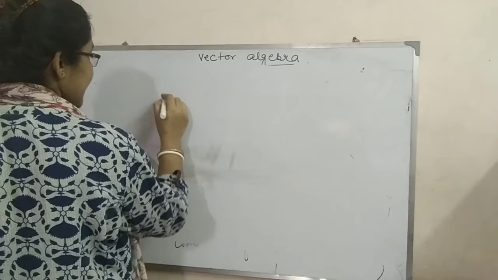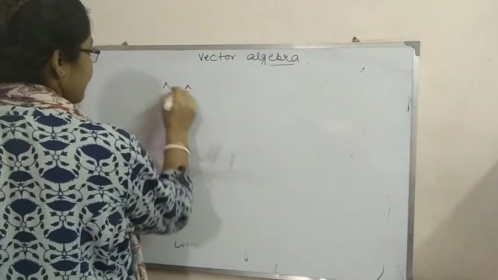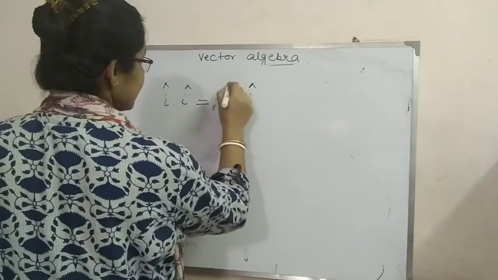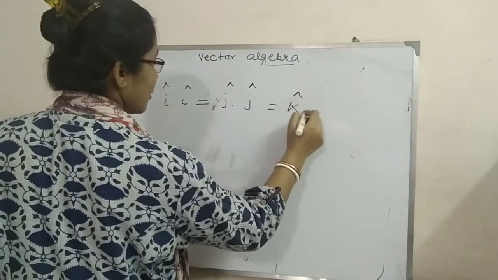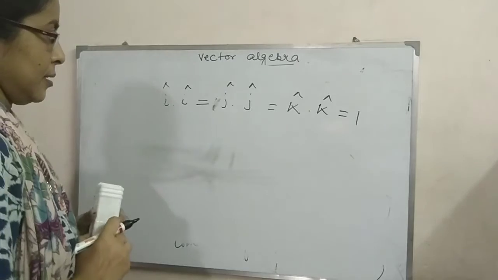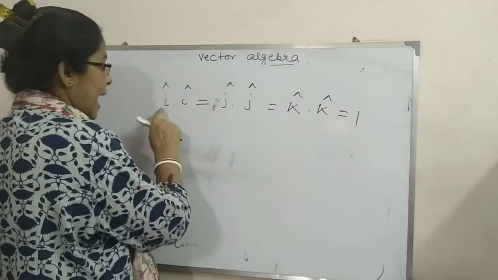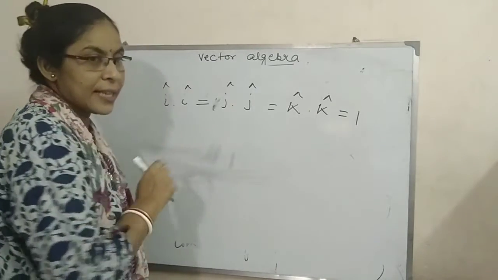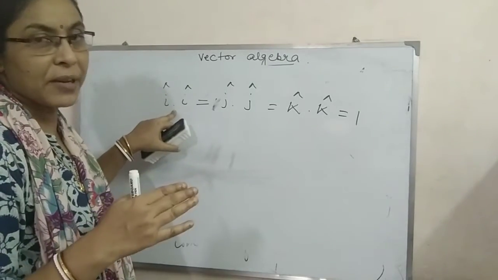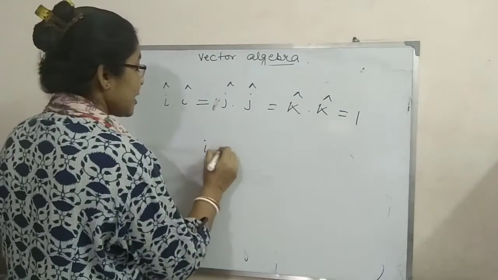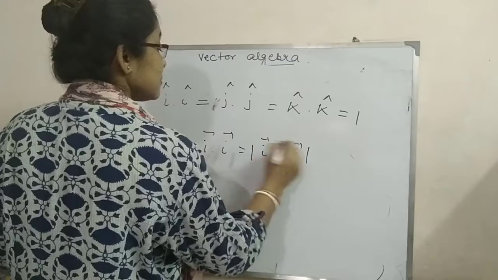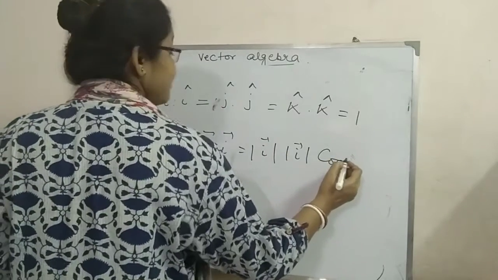For this reason I can write i dot i equals j dot j equals k dot k, which equals 1, because the angle between the same vector is 0, so i dot i equals modulus i times cos 0.